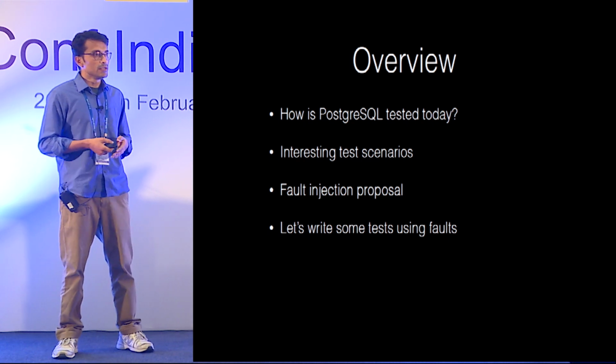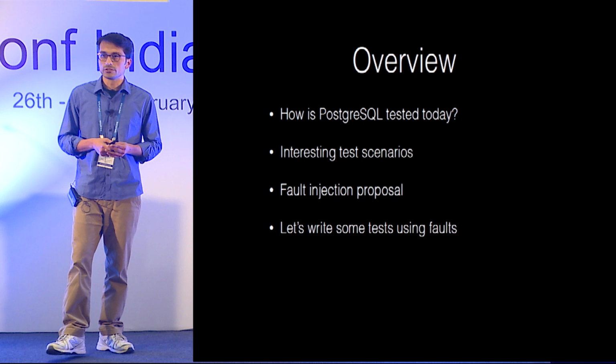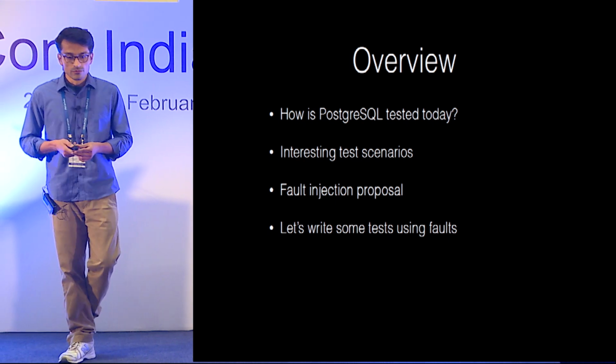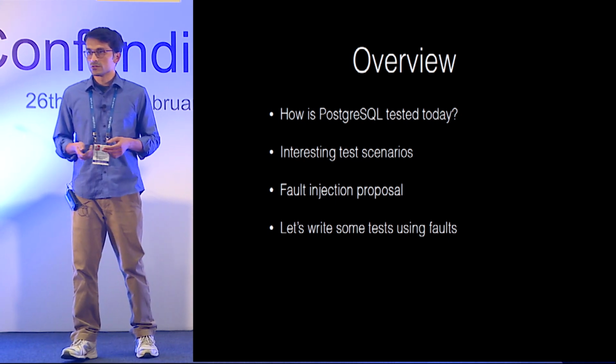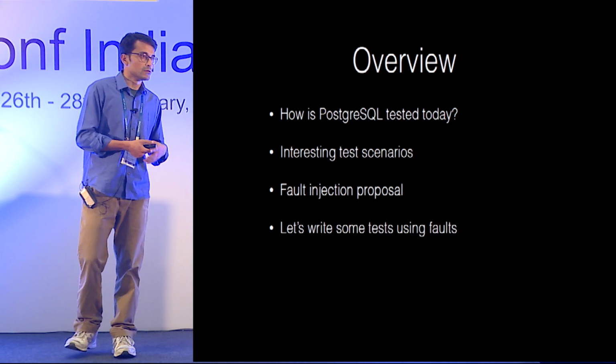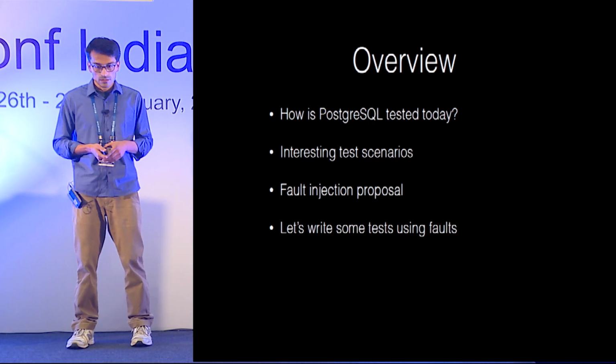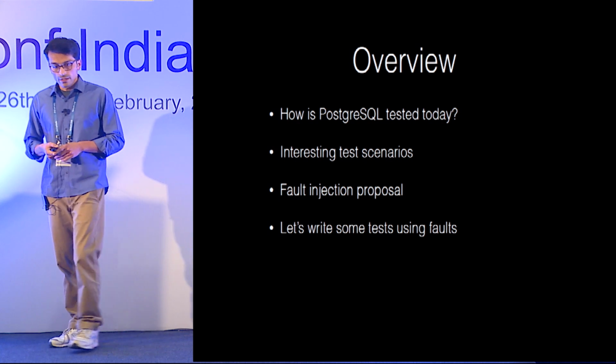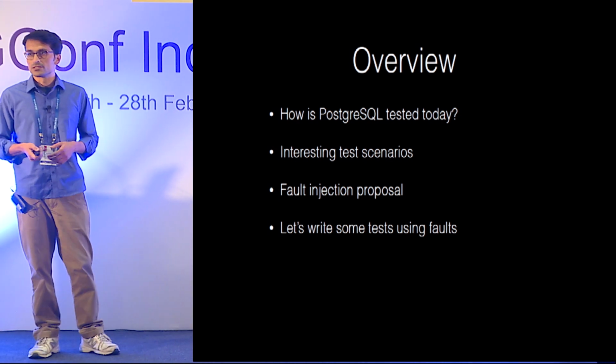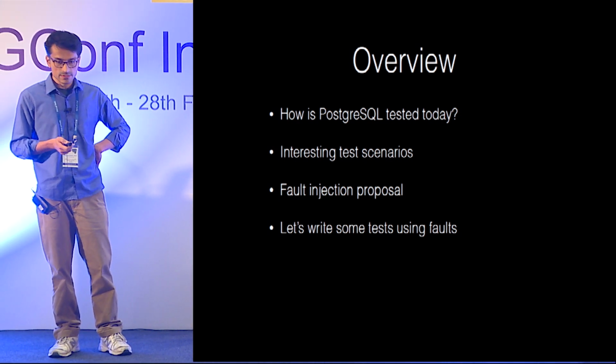And that's where the need for something like fault injection comes in. And then we will go over the fault injection proposal, which is already submitted on the hackers mailing list. The patch is out there. And then we will write a couple of tests using the fault injection facility.